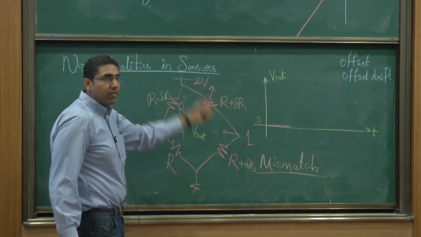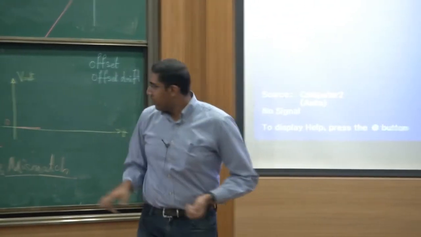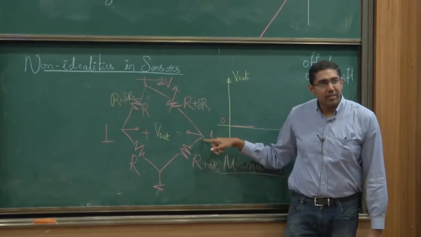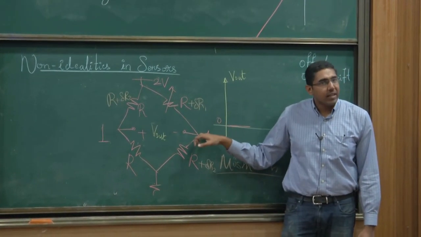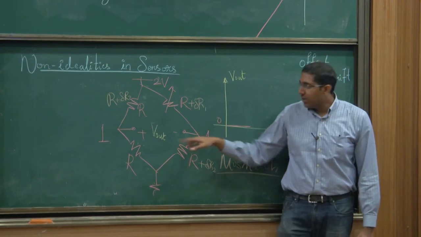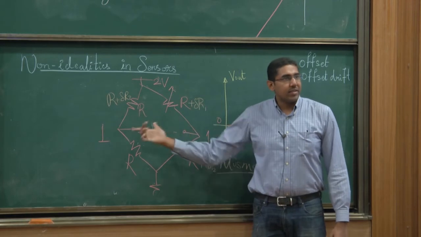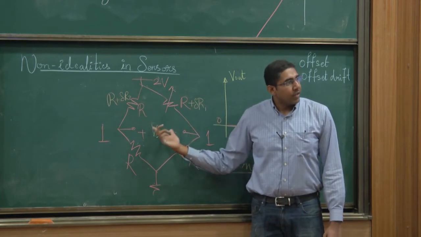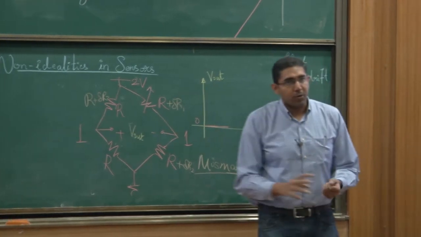Okay, all of them are slightly different, and once they are slightly different, what do you think will be this voltage? It will not be 1 volt anymore, right? This will be slightly different from 1 volt, and so will this be, and both will never increase or decrease the same way, right? So when you take the difference of these two, you will not get a zero output.